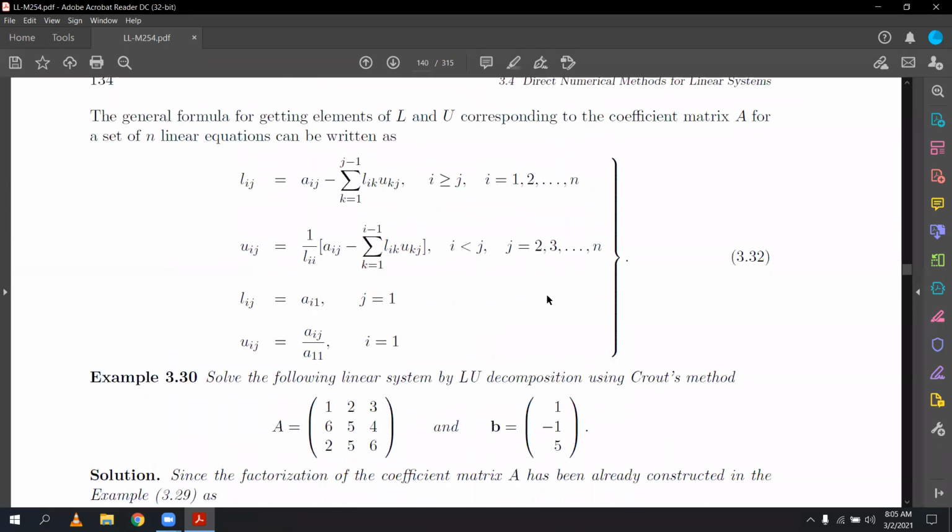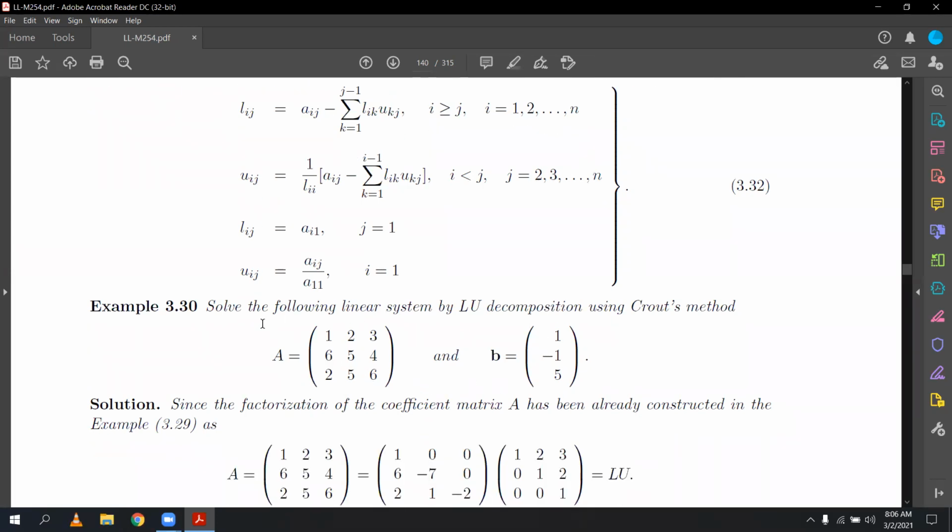I give you a complete example. It says solve the following linear system by LU decomposition using Crout's method. Now we have to complete the problem, and LU decomposition has three parts: A equal to LU, Ly equal to B, and Ux equal to y to find the solution.